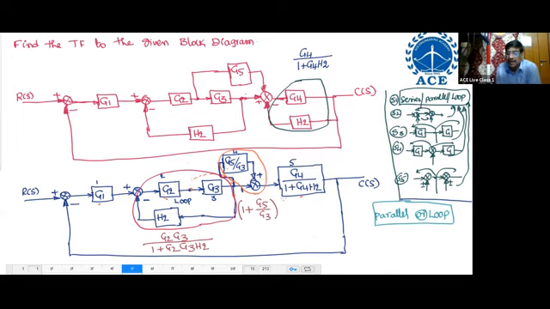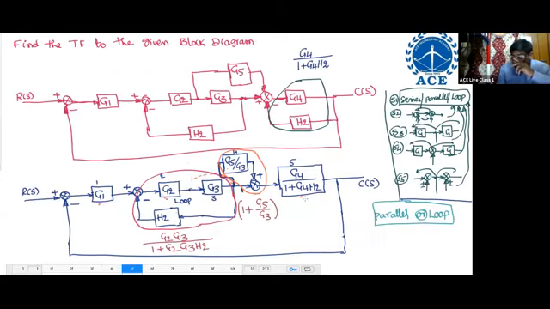Now all are in series. All are in series, so all in series means product it. You take the product, and what will you get?